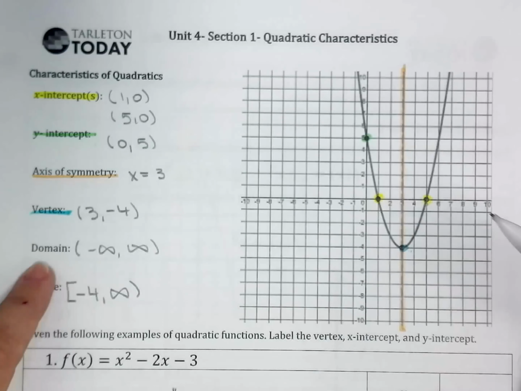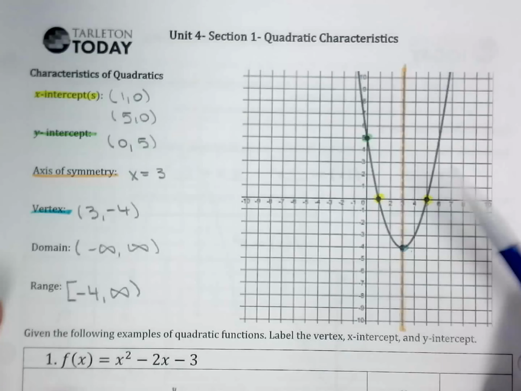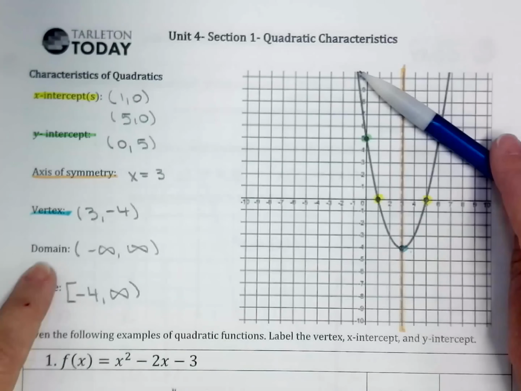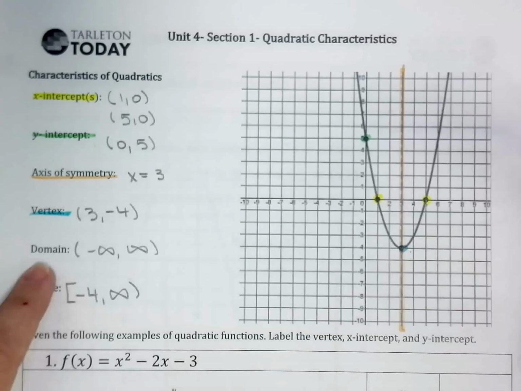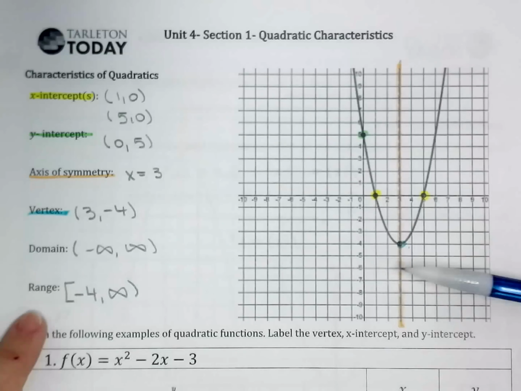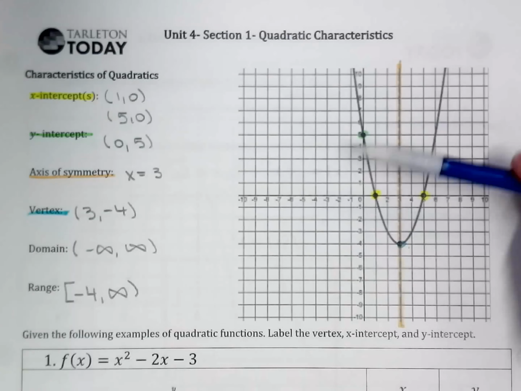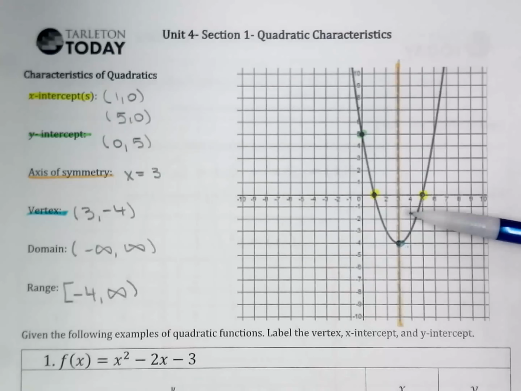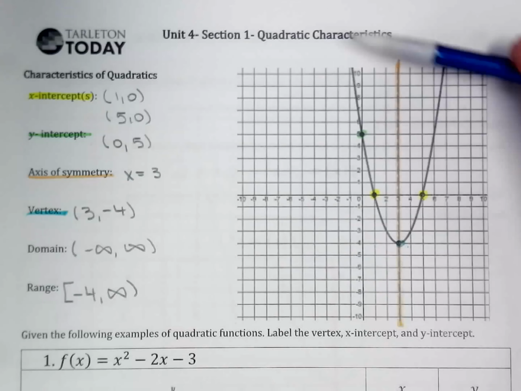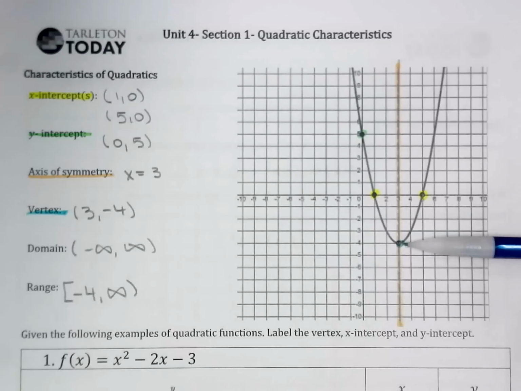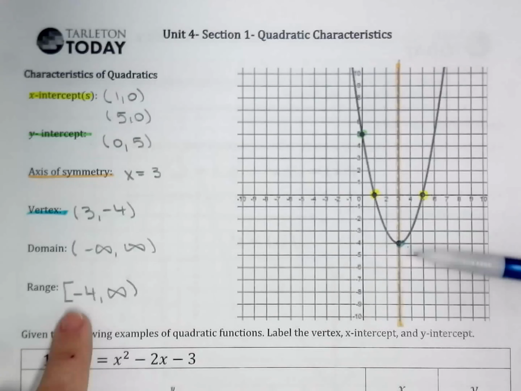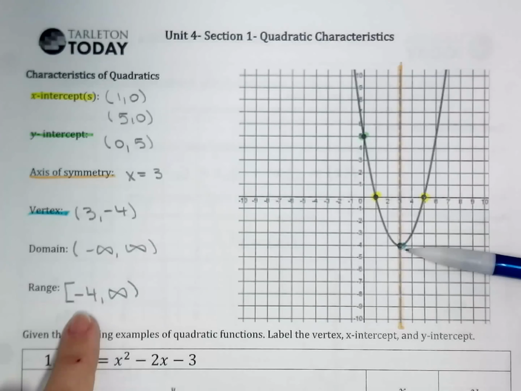Domain of any quadratic function will always be all real numbers, or from -infinity to +infinity, always. Range, if it's a positive parabola or upward opening parabola, it's going to go from that vertex up to +infinity. In this case, the y from the vertex, right there from -4 up to +infinity. And it's inclusive right there, -4.